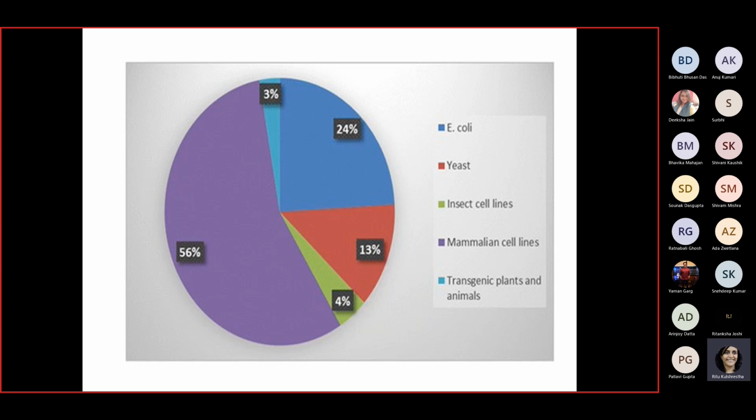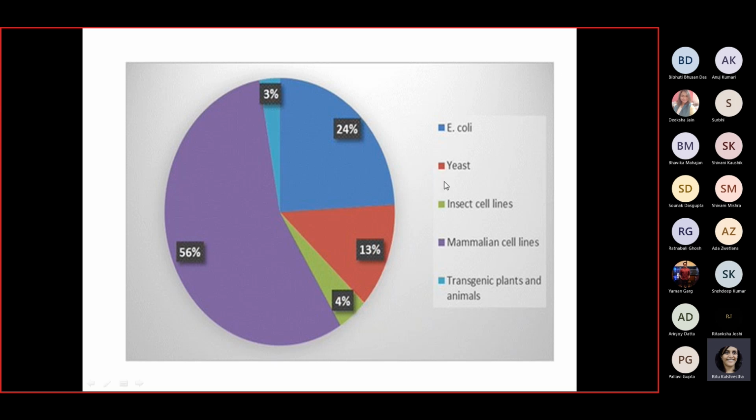So now people are trying to see which strains can give the therapeutic protein, both quantity as well as quality, similar to the one present in humans. So it's a very dynamic field again, and people are trying to harvest these proteins from these sources.